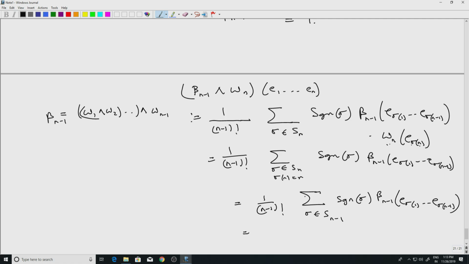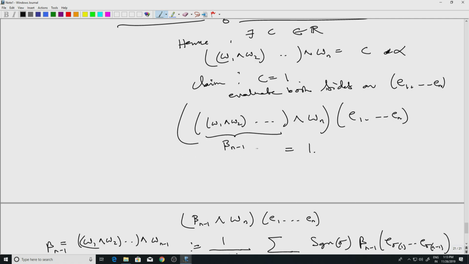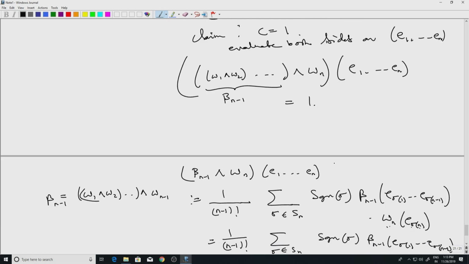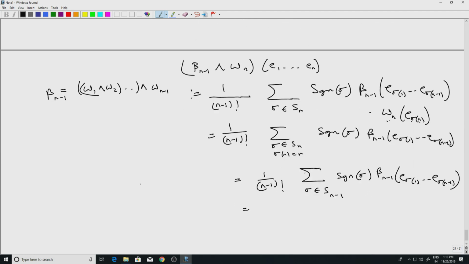So what one wanted to claim was that this entire thing is equal to 1, and what we have done is we evaluated it on E1 up to En and then reduced it to a sum involving beta n minus 1, and we have restricted the permutations to S n minus 1. The point being that I can again write this thing here as a wedge product.